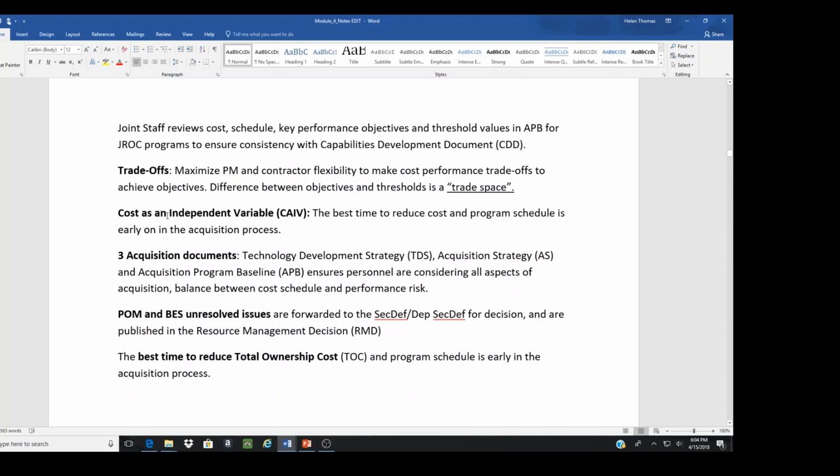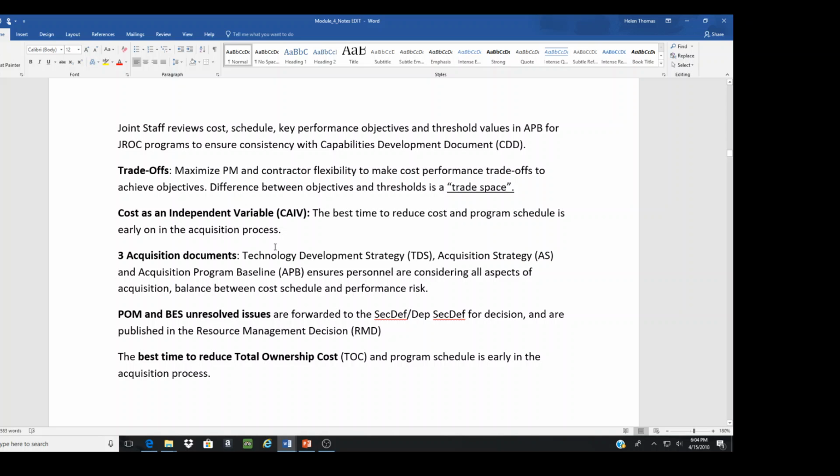A term that you hear in this acquisition is cost as an independent variable. Basically, we try to figure out everything that needs to be done, all the capabilities, the objectives, these standards. We put a cost on it, and then you compare item A to item B, process 1 to process 2. The best time to reduce costs in a program is early in the acquisition process.